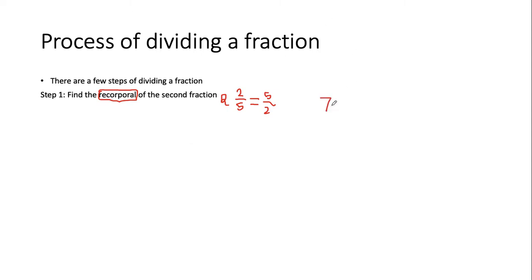Say the whole number is 7, and then the reciprocal of 7, well, think like this. 7 is actually 7 over 1. So the reciprocal of 7 is the reciprocal of 7 over 1. And what's the reciprocal of 7 over 1? Well, you flip it over. So the reciprocal of 7 over 1 is equal to 1 over 7.